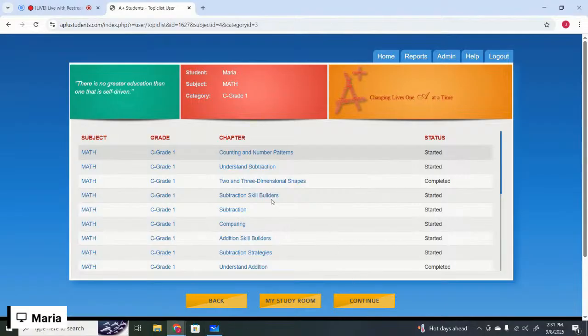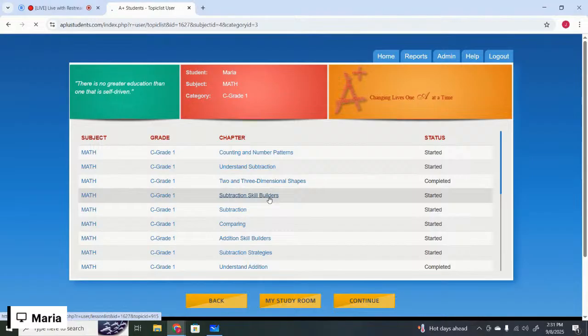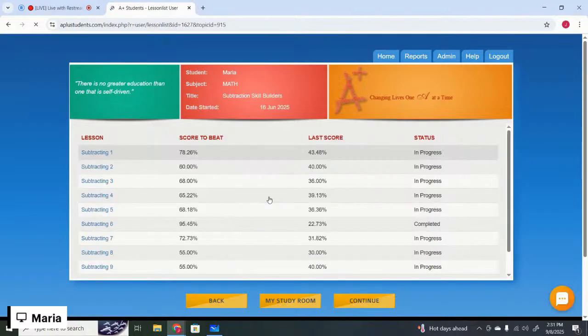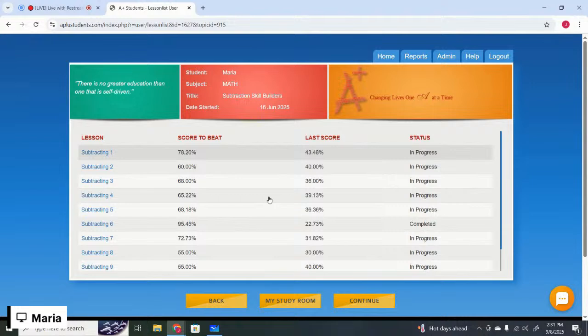The next lesson is subtraction skill builders. Let's just start with the lesson. Subtracting 1.